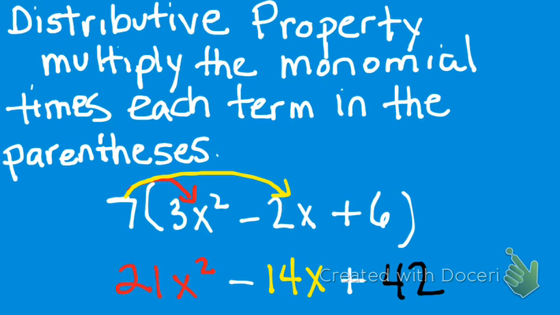The first one, 7 times 3x squared, gives us 21x squared. The second multiplication is 7 times the negative 2x, so that results in negative 14x. And the third multiplication is 7 times 6, which results in the positive 42.